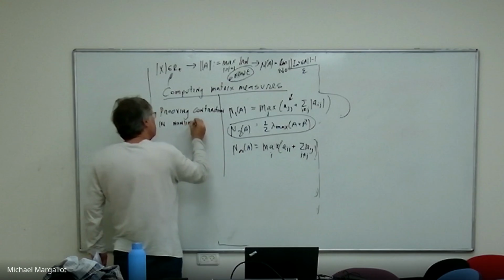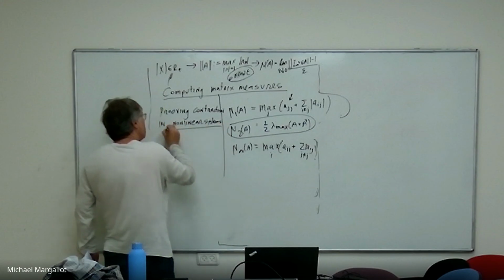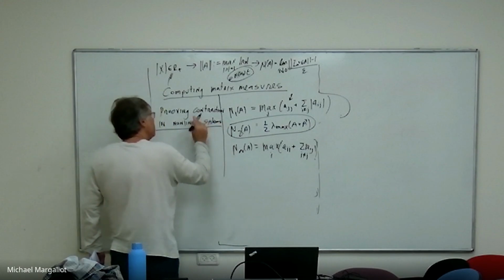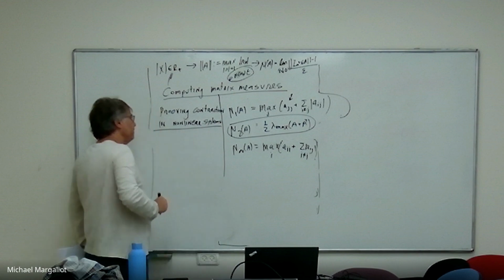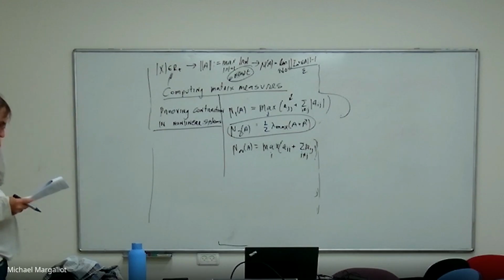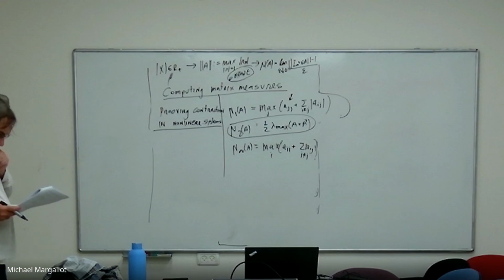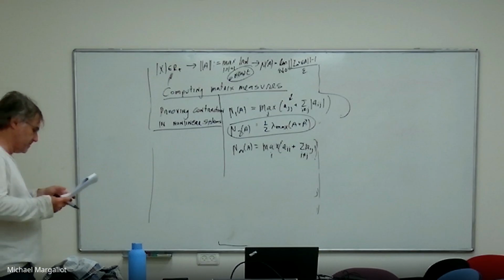And then once we do that, we can immediately apply this to the RFM. So how do we take all this construction of matrix measures and use it to prove contraction in nonlinear systems?